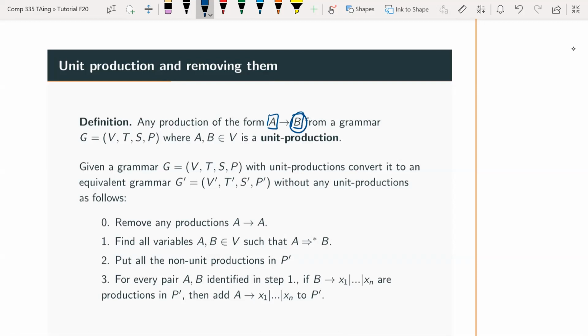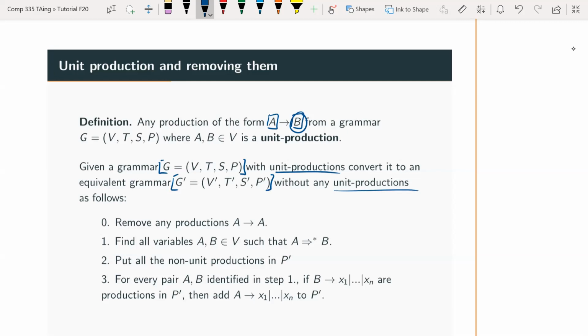That's the idea behind this procedure. So we have this procedure here that if you're given a grammar G with some unit productions, then you can convert it to an equivalent grammar G prime. Again, the languages generated are the same, where you have no unit productions, okay?